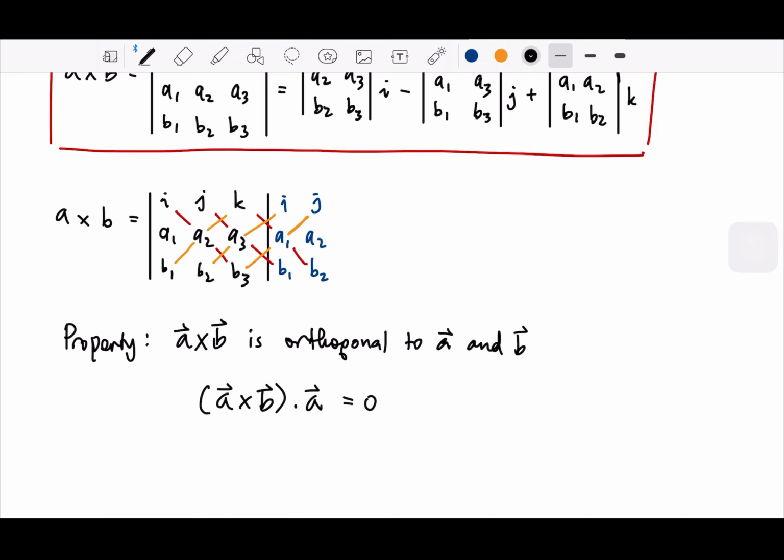You can start with A having A1, A2, A3, B1, B2, B3. You can cross them and then dot with A. It is supposed to be 0. And also similar calculations will result in the same thing. You can dot with B and it also gets 0.